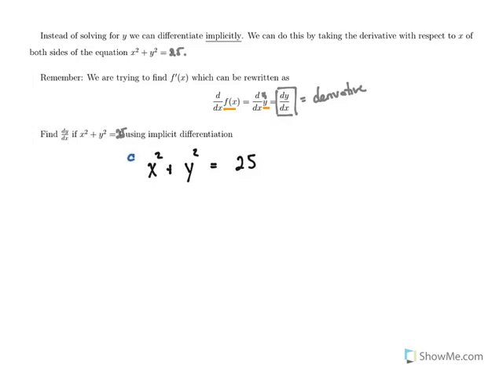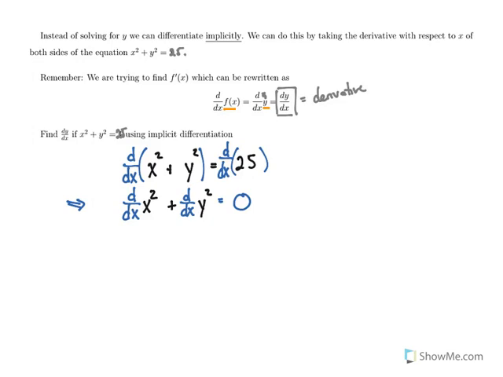So the process, what we're going to do is we're going to start with our equation. And we are going to take the derivative with respect to x of both sides. And this derivative is going to be equal to the derivative of x squared plus the derivative of y squared equals the derivative of 25, which is just 0.